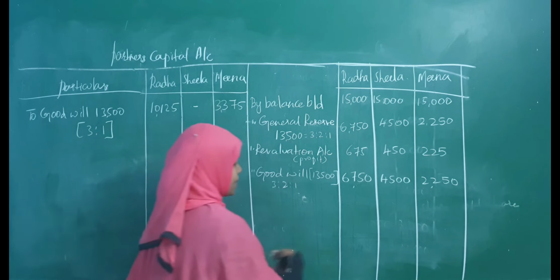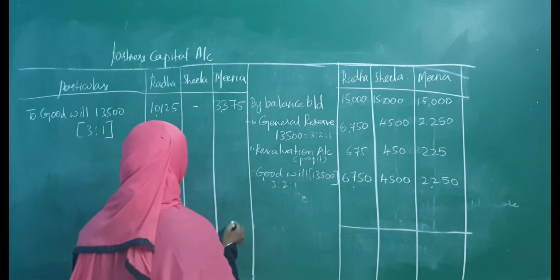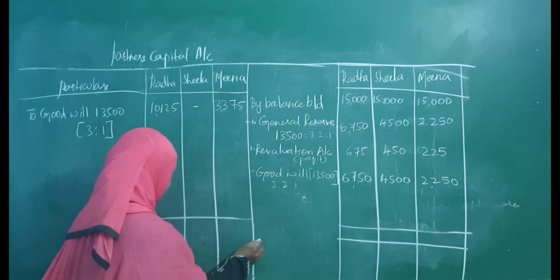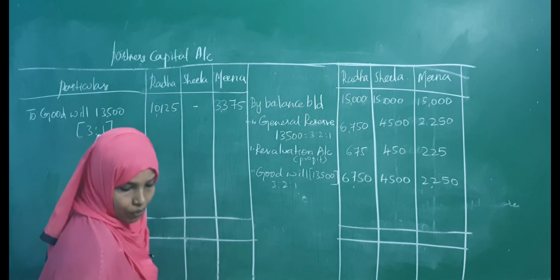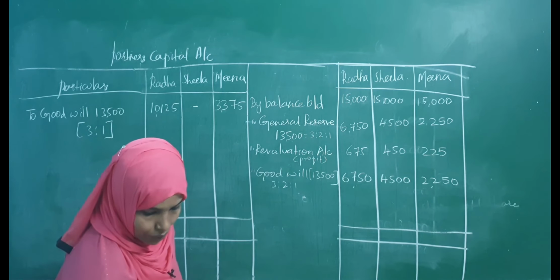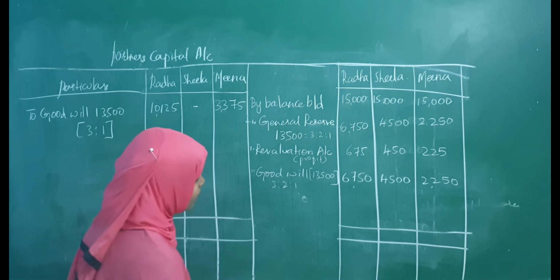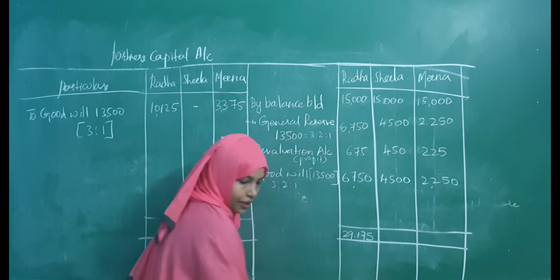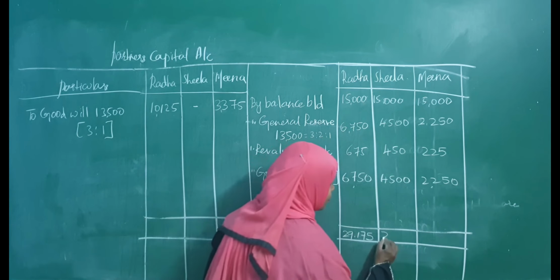Fine. Now, what we have to do? We have to do the balance, as I have told you. First, for the retiring partner. Since we don't have anything for the retiring partner in the debit side, we will just do the total of the credit side for all the three partners. It is 29,175. Then 24,450.